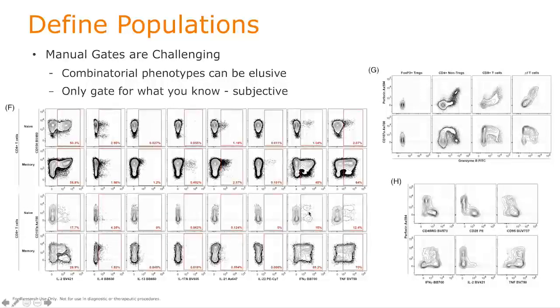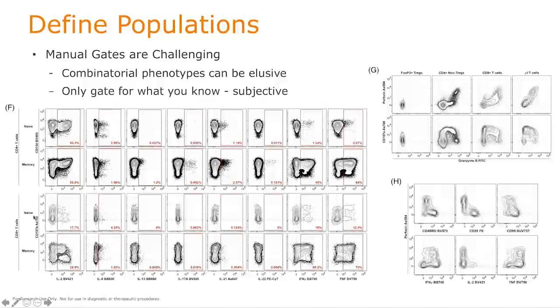You can gate them one at a time and do Boolean gates, which is complex combination gating, where you take each of the individual markers and you look at all potential combinations. But if you have 8 markers downstream of a lineage or a subset that you've defined, each Boolean combination of 8 markers is going to create 256 different gates.